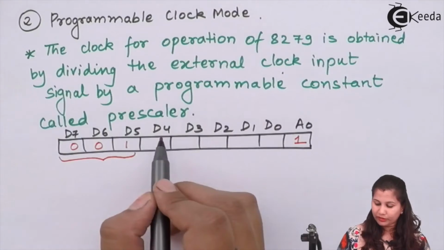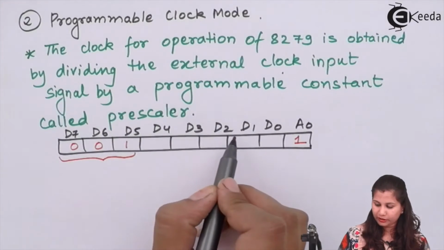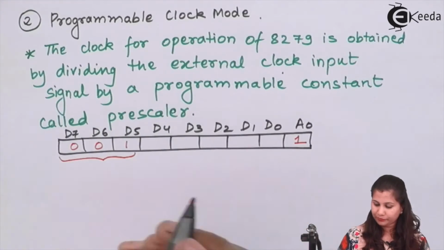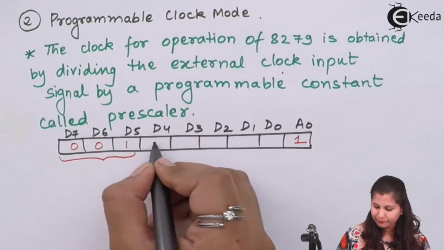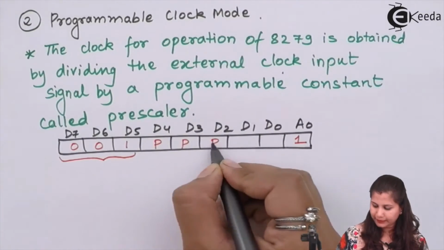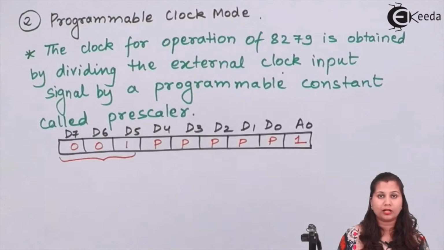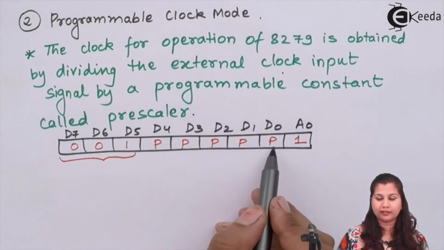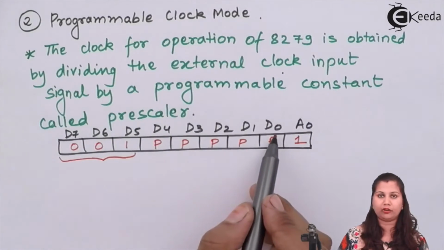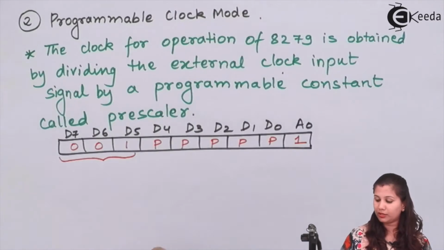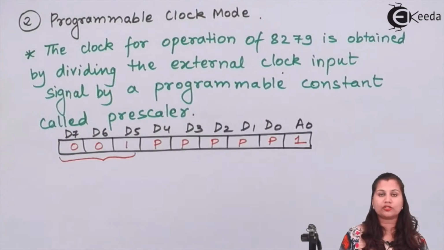Then we have D4, D3, D2, D1, D0. We have P, P, P, P, P. We have the 5 bits here starting from D4 to D0, which are the bits of the programmable constant, which is also known as the prescaler.